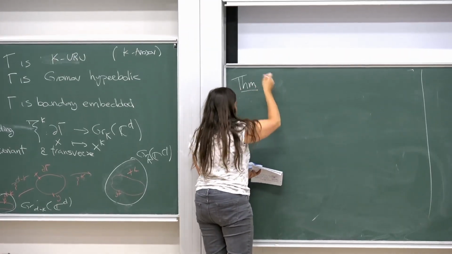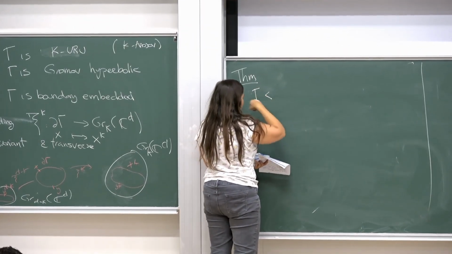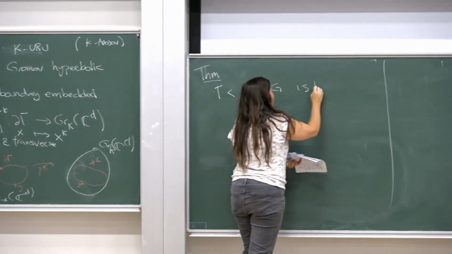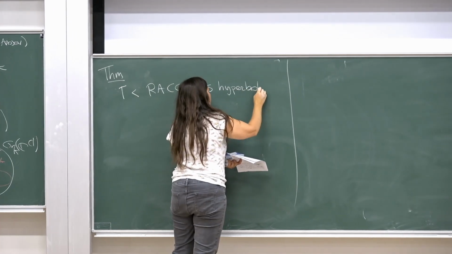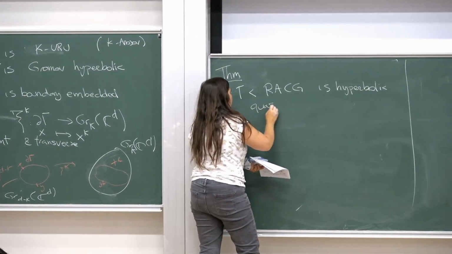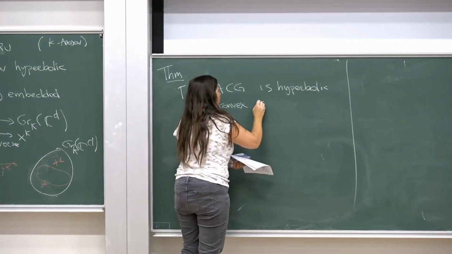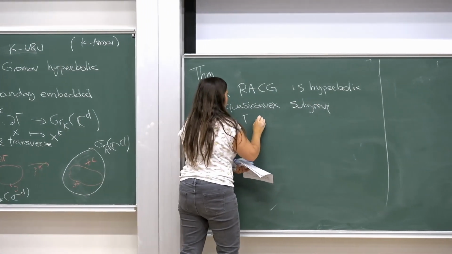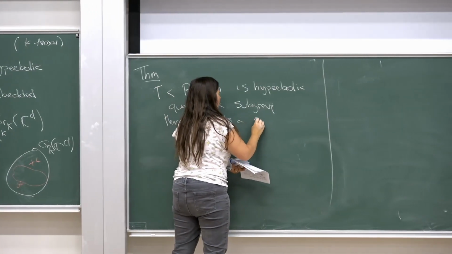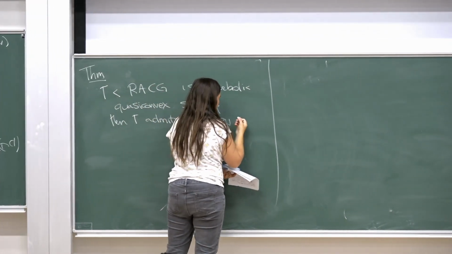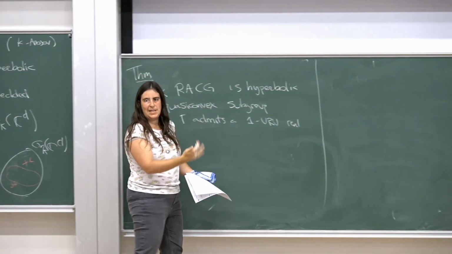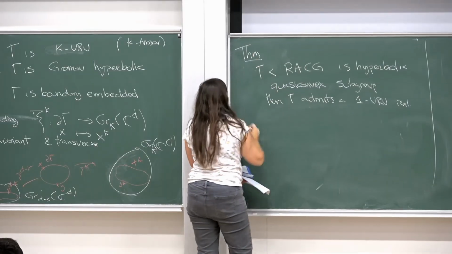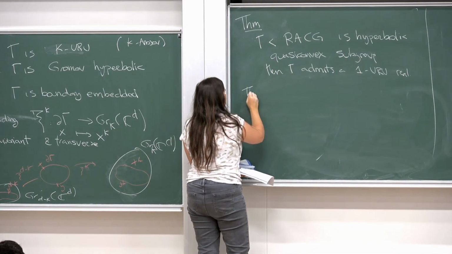I'm not going to write the authors, but if gamma in a right angle Coxeter group is a hyperbolic quasi-convex subgroup, then gamma admits one URU realization, and then it admits many, because all of these are open under small deformation.